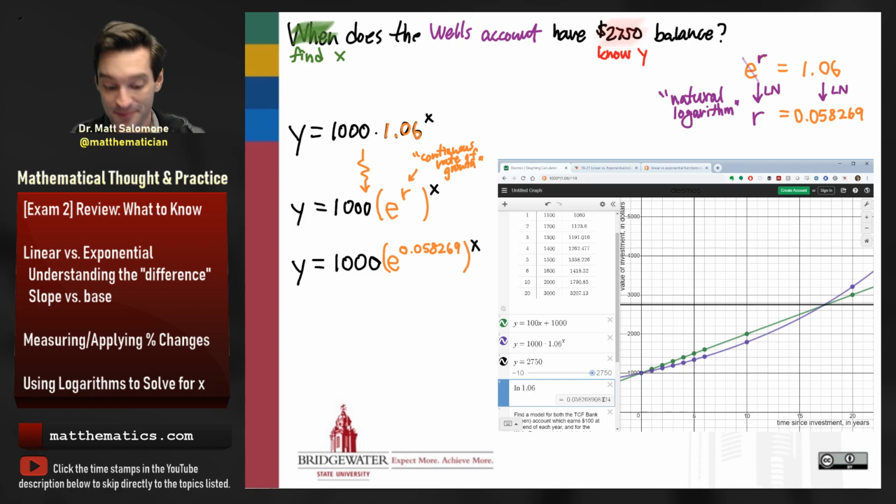And then my last step is to use the so-called properties of exponents. The properties of exponents say that when I raise a base to an exponential power, and then I raise that power to another power, so when a power is taken of a power, those exponents can be multiplied and applied to the same common base.